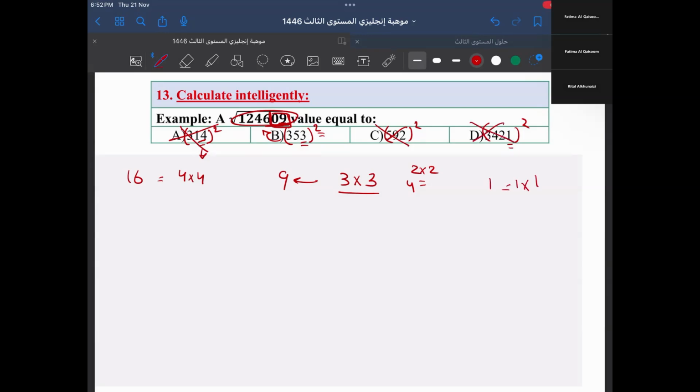So it's not right. Except B, which ends with 3, so 3 times 3 equals 9. Okay. So I didn't need to find the square of the whole number, only the first digit.